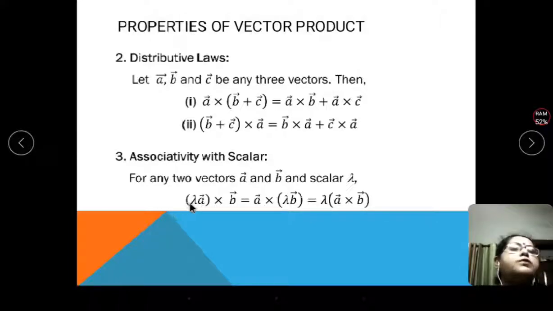It can be outside or it can be with A, it can be with B, or it can be outside both A and B. But mind it, we should not change the order of A and B because we know that vector product is non-commutative. So we can change basically the position of lambda, but not the order of A and B.